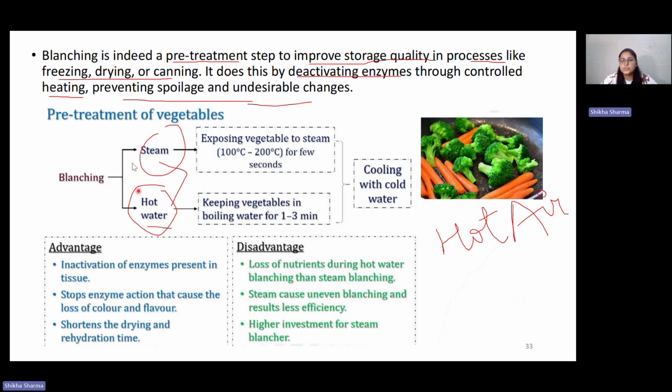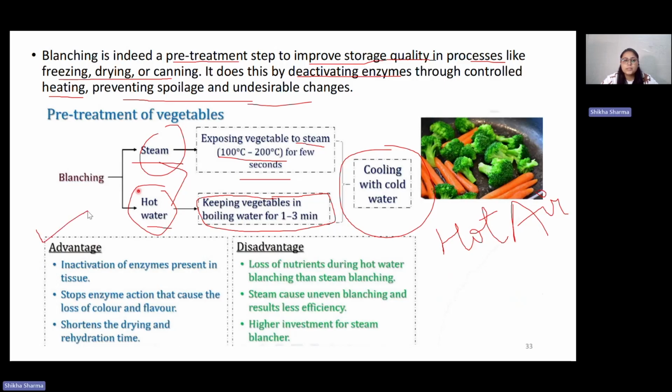When blanching is done using steam, vegetables are exposed to steam at around 100 to 200 degrees Celsius for a few seconds. In hot water blanching, the vegetables are kept in boiling water for 1 to 3 minutes. After that, immediate cooling is done using cold water.